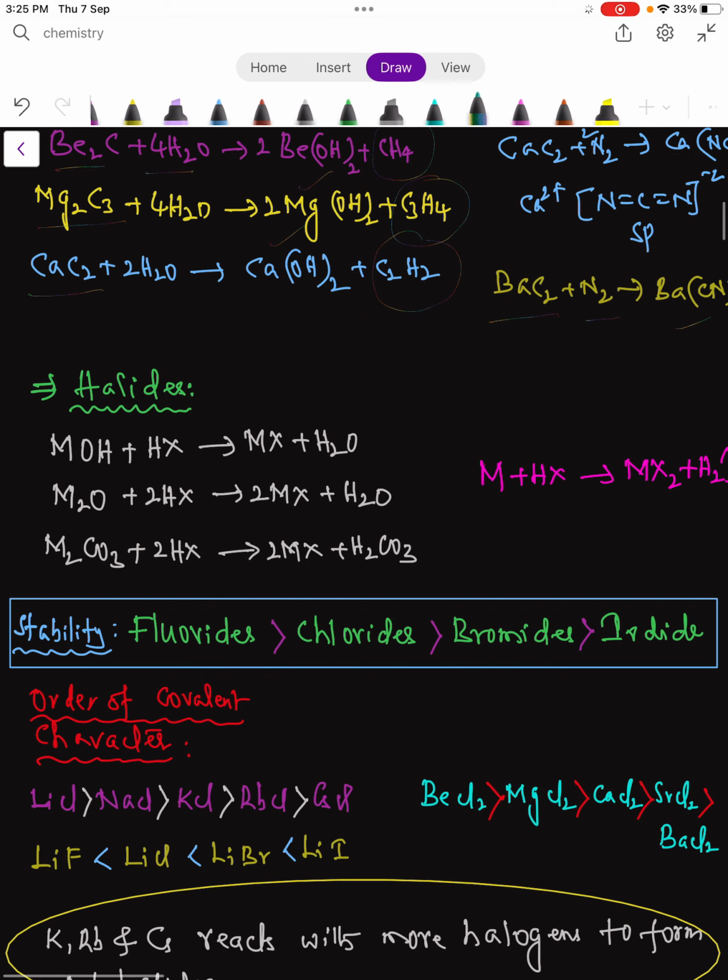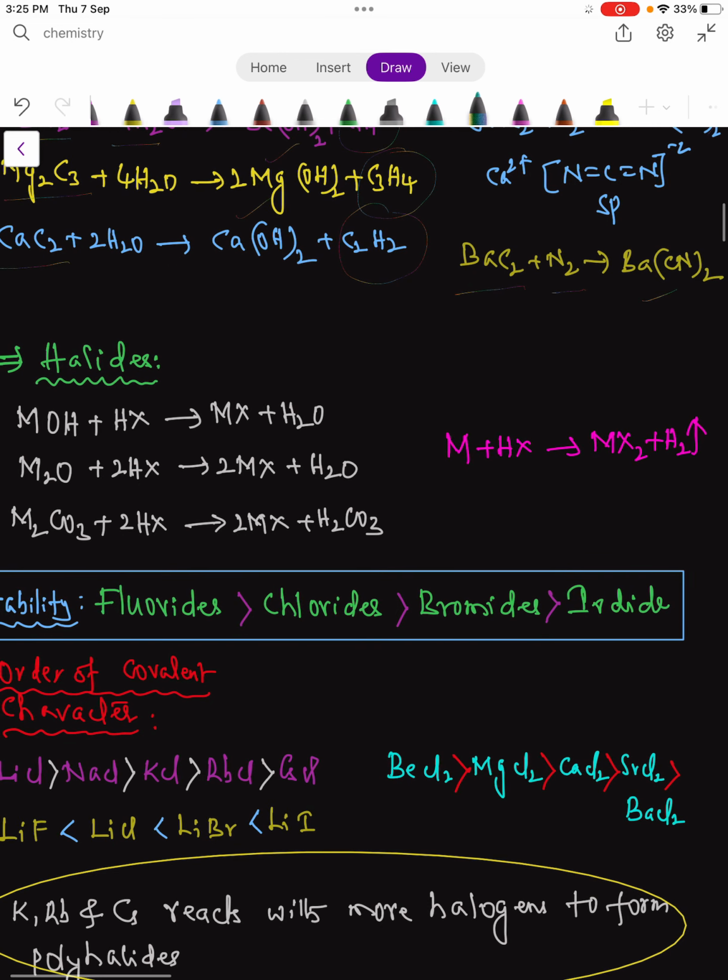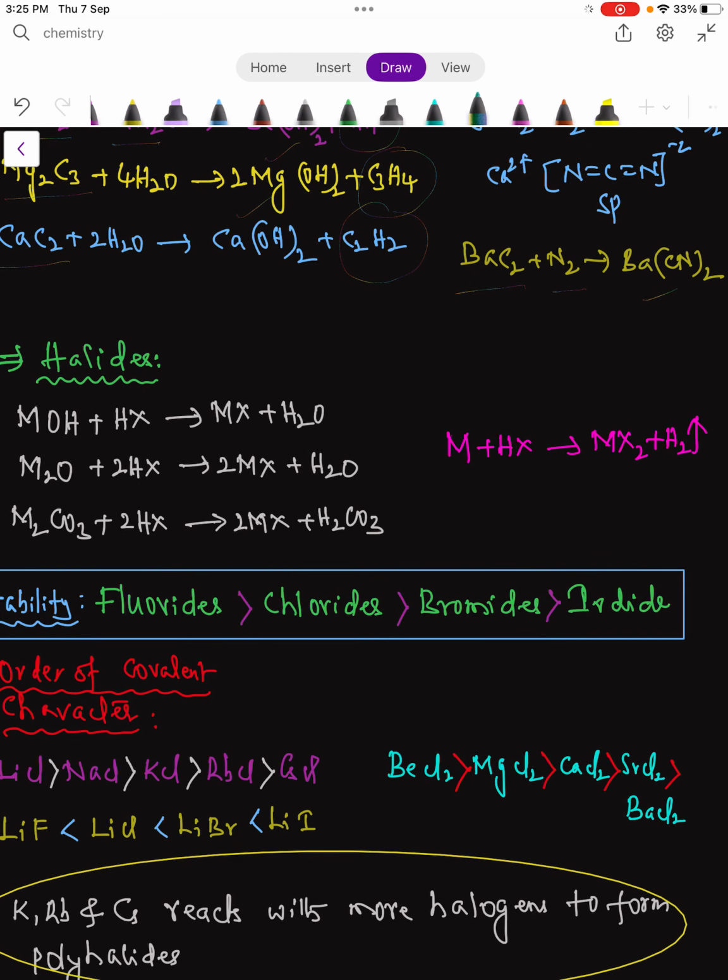Halides. So here metals when they react with the halogens form metal halides. Metal halides are also formed when hydroxides of metals of 1A group and 2A group react with hydrogen halides.